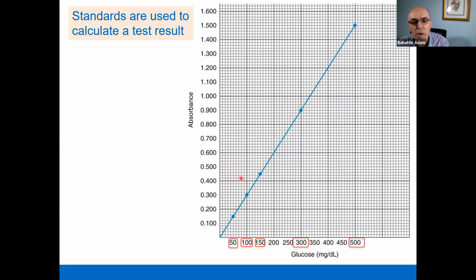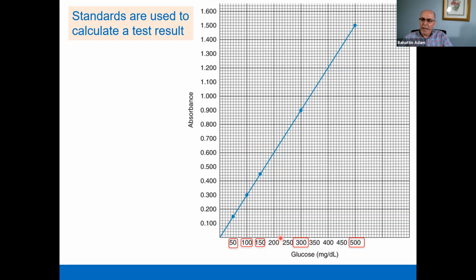Now I am going to come here. Let's see, here is the 0.45, and then the level of the glucose in the patient samples will be 150 milligram per deciliter. If you get the absorbance 0.65, then you come here and then come down, and it is about 220 milligram per deciliter.